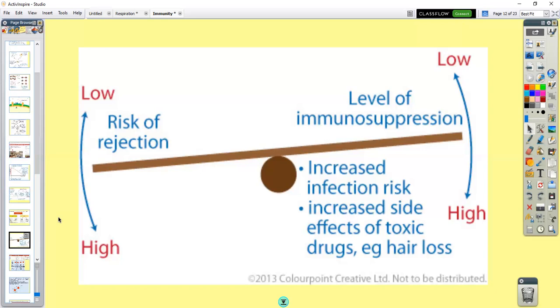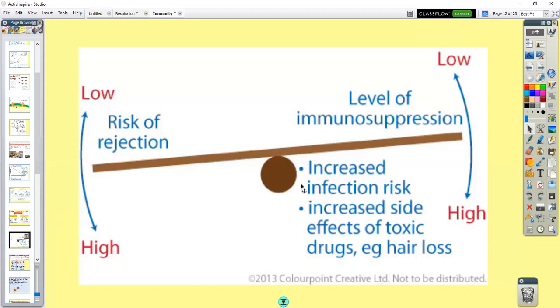There are also immunosuppressive techniques like drugs and X-rays. So you can be given drugs which will inhibit DNA replication and stop those T cells replicating, so it doesn't attack the transplanted tissue. Also, X-rays can be used, and that will inhibit the production of lymphocytes as well.